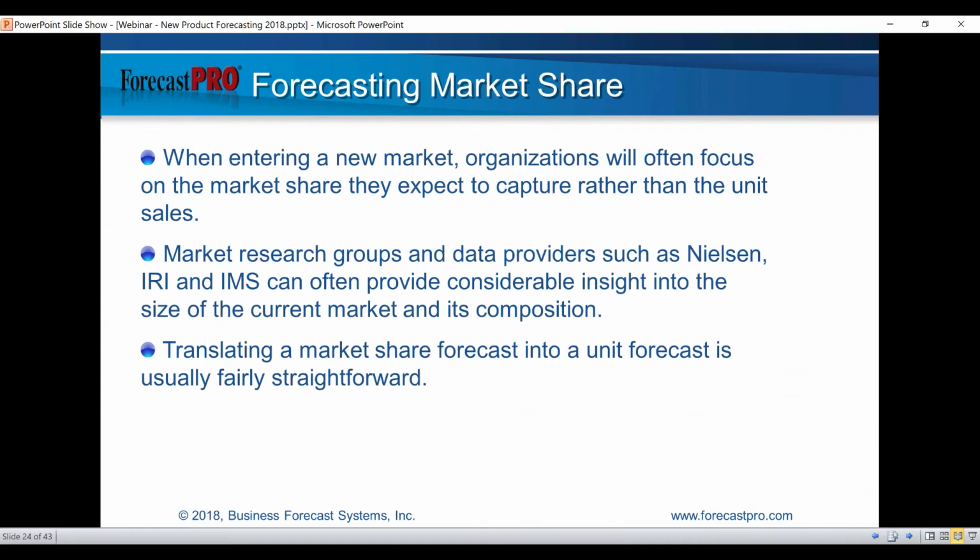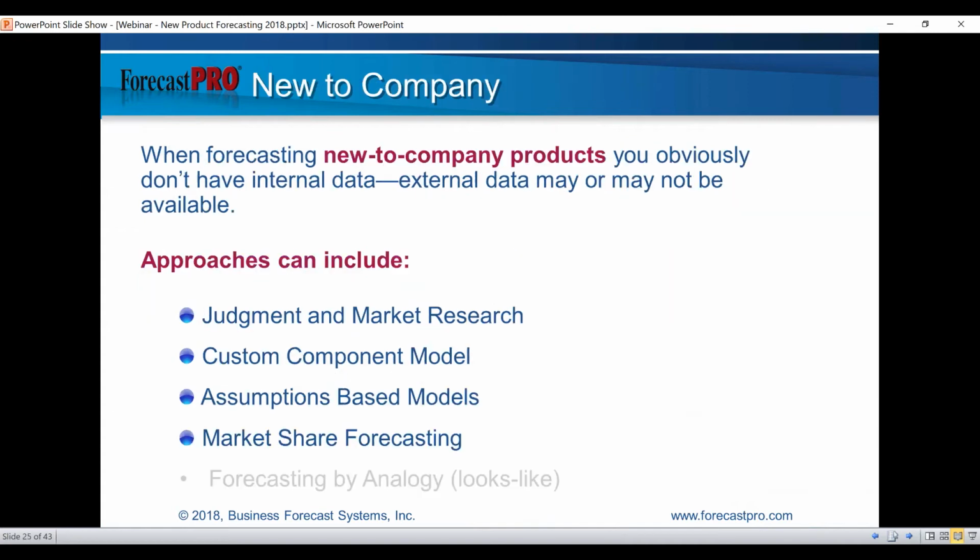These are often useful techniques for coming up with the launch totals across a launch horizon that Eric was also talking about with custom component models. And it's also very useful for our next topic, which is forecasting by analogy, or looks-like analysis, which also leverages this concept of a launch total.